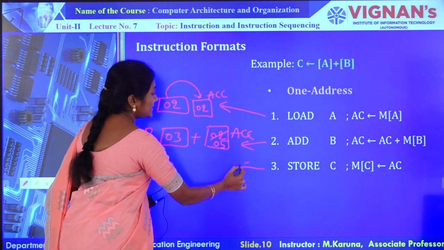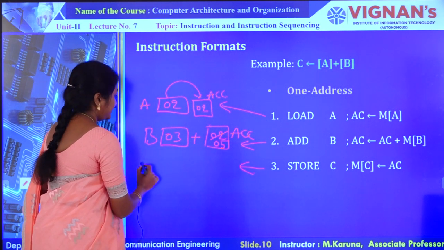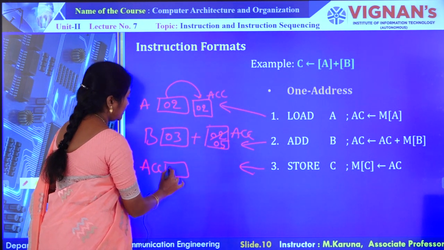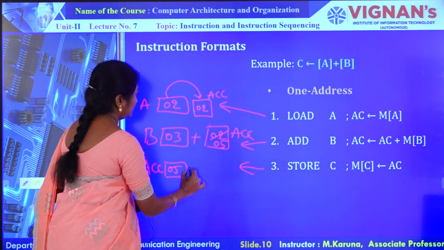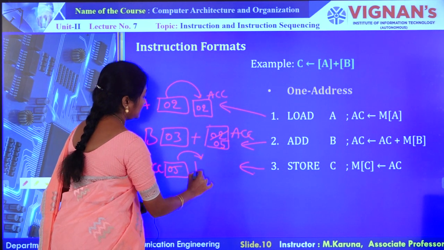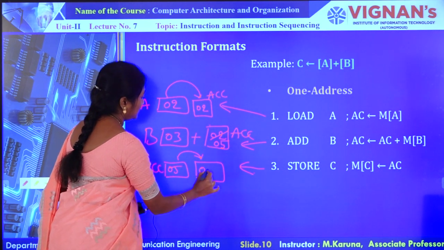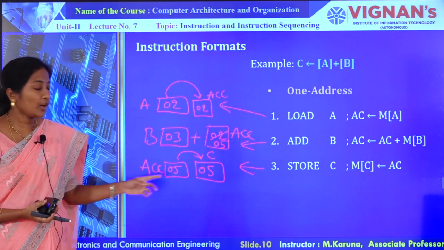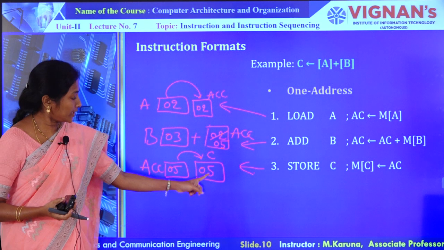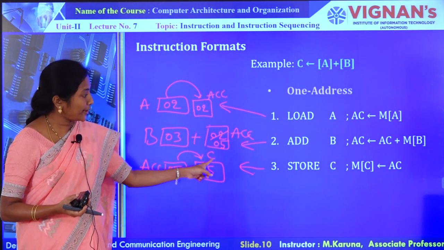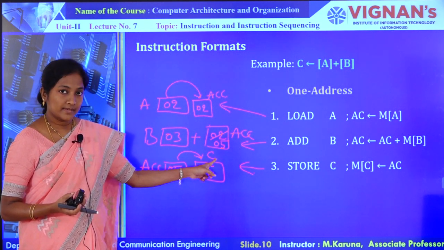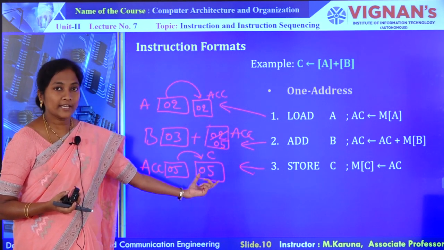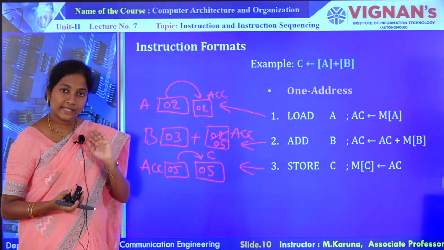This instruction specifies that the content of accumulator will be transferred to the memory location pointed by C. Now our output is available in the memory location pointed by the label C.